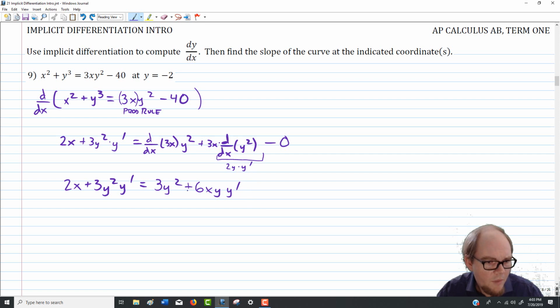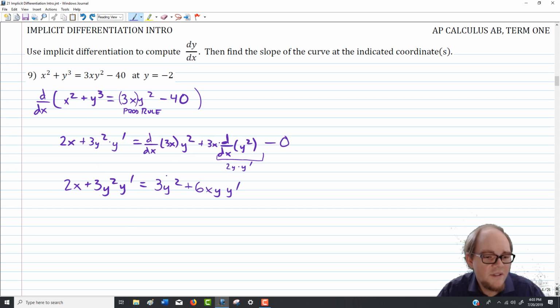To wrap up this derivative part, we need to get everything over to the same side. So we actually have two equally time-consuming options. We could either subtract 2x and subtract 6xy prime, or we could subtract 3y squared y prime and subtract 3y squared.